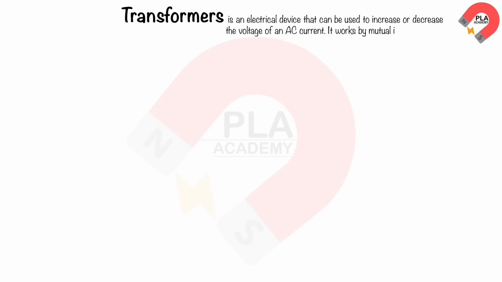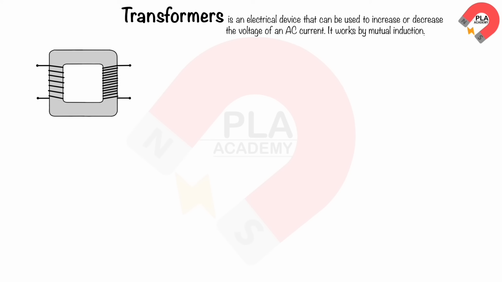A simple transformer. A transformer is an electrical device that can be used to increase or decrease the voltage of an AC current. It works by mutual induction. It has four main components: the AC input power supply, primary coil, iron core, and secondary coil.